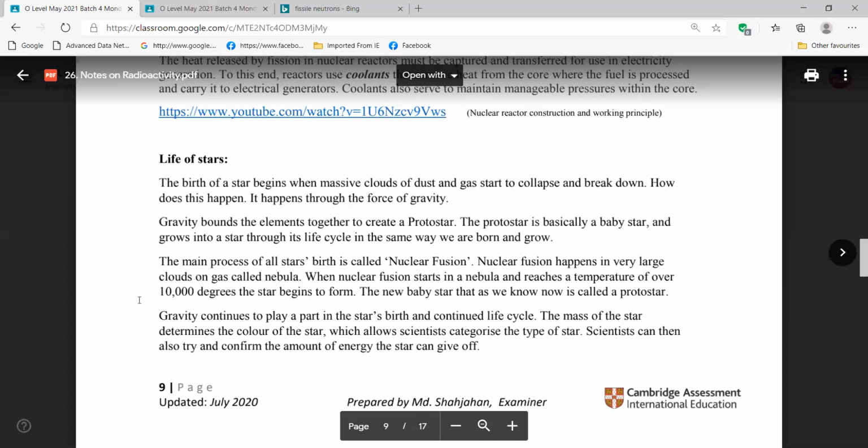And our sun is one of the stars, right? Yes, sir. The light and heat energy and all the energies on our earth, the sun gives off photons.